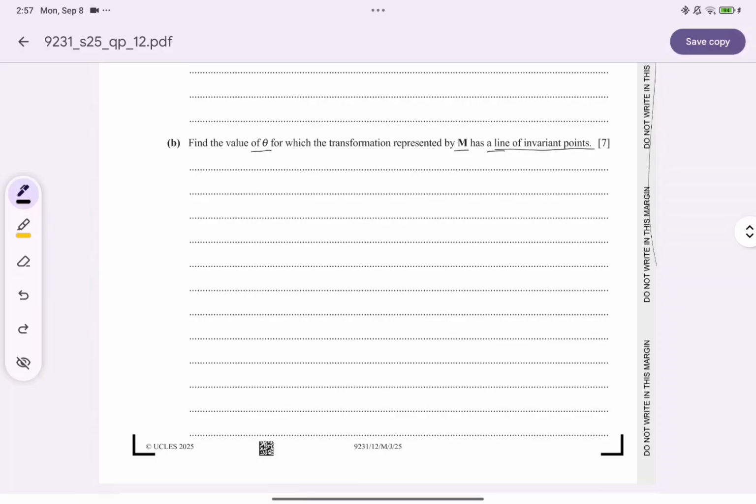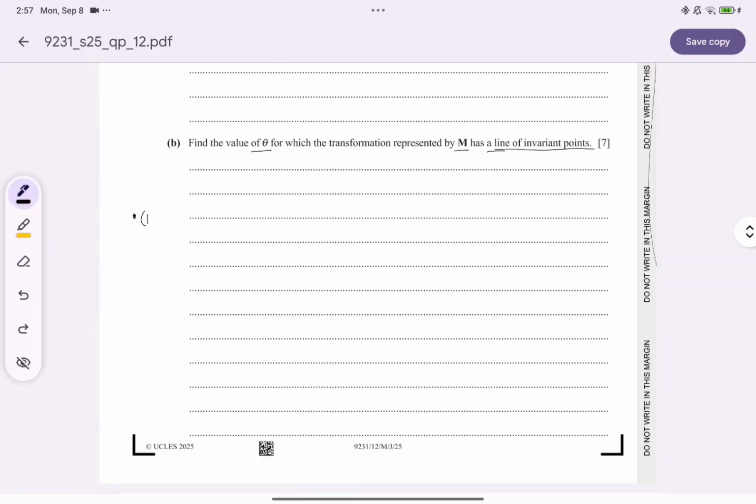So let's start the procedure for finding the equation of an invariant line. An invariant line is basically a line or a point that remains the same after a transformation has been applied by a matrix.